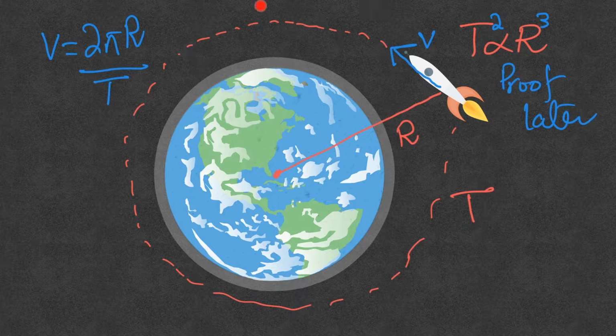So one circle, the circumference is 2 pi r, and the time it takes is capital T. So 2 pi r over T gives you the speed of this particular spaceship. Cool. Now, you also know, as I mentioned before, that T squared is proportional to r cubed, which I'm going to prove later. And I'm going to use these relationships now, so you'll see what happens.